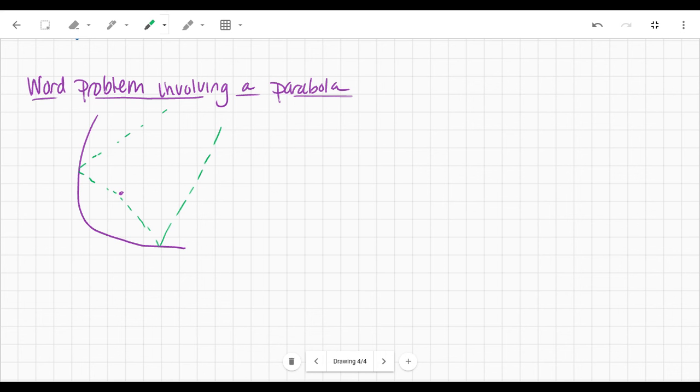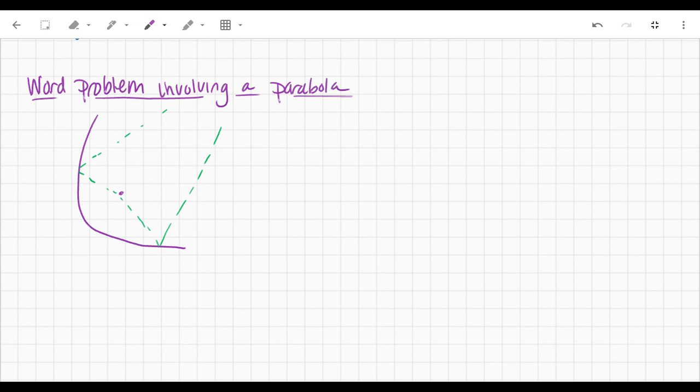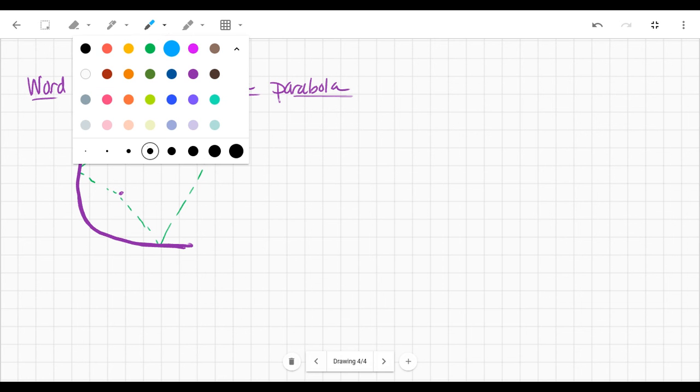Okay, but in this problem we have a satellite dish, shape of a parabola, viewed from the side. The dish is 40 inches wide. I'm sorry, 48 inches wide. Okay, so they tell us that. Let me make this a fat satellite dish there. Okay, this is the shape of it. And then this measurement, no, I don't want it to be fat.